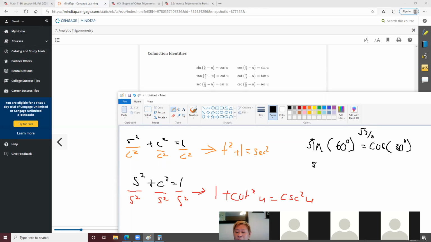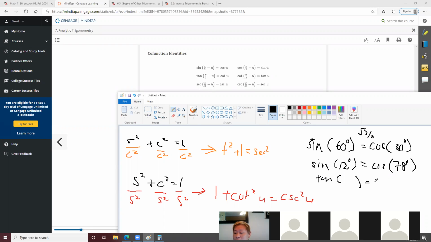And if you figure out what is sine 12 degrees, sine 12 degrees is the same thing as cosine what? The addition of these has to be 90 degrees, so 78. So these are the same. If you take out your calculator and press sine 12 and cosine 78, the numbers are exactly the same.